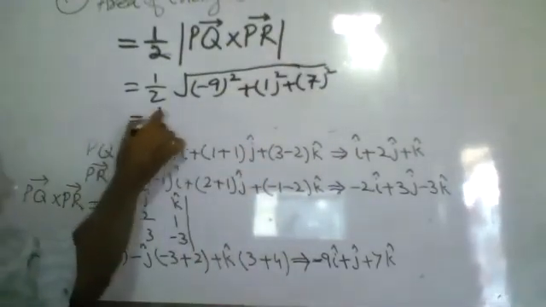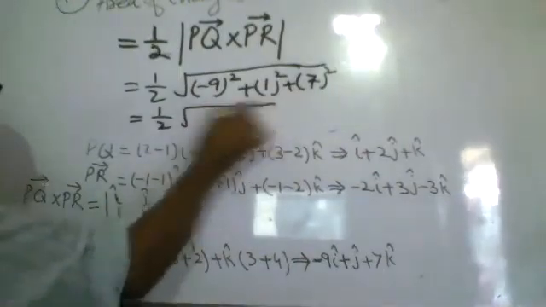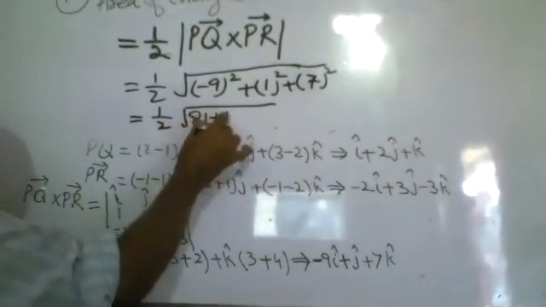It will become 1 over 2 under root 81 plus 1 plus 49.